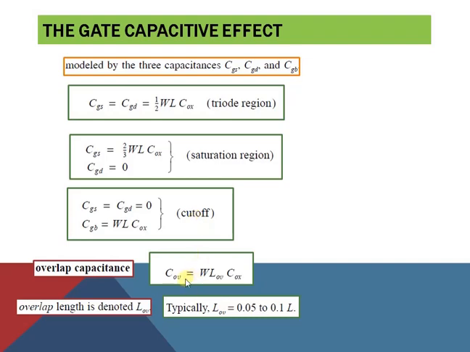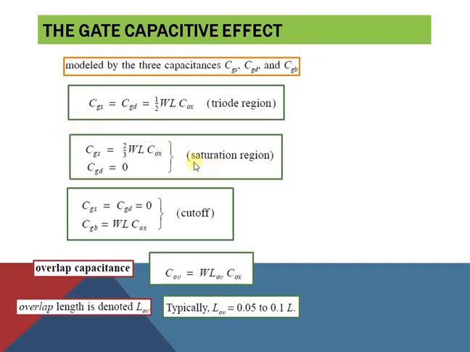This equation is given as COV equal to W LOV into COX, where LOV corresponds to the overlap length, and typically this value lies between 0.05 to 0.1 L.